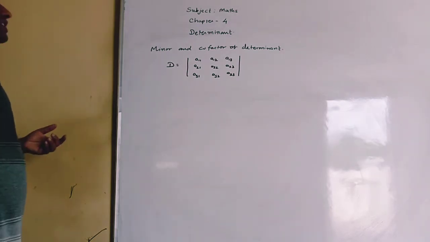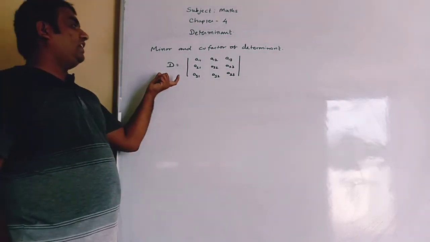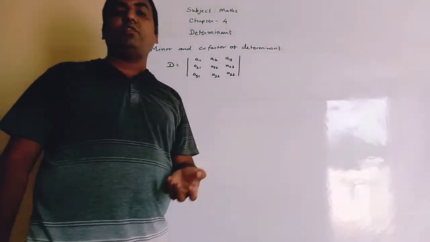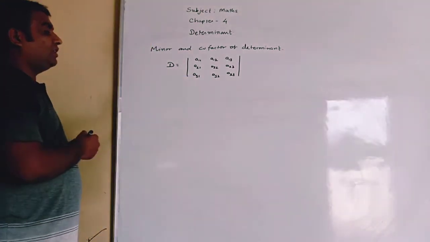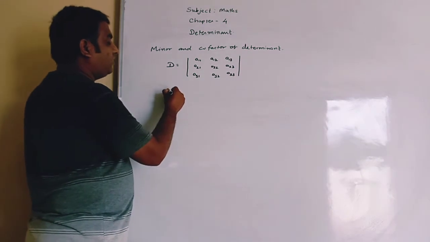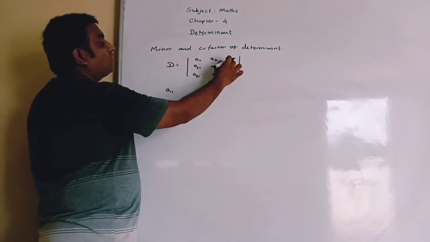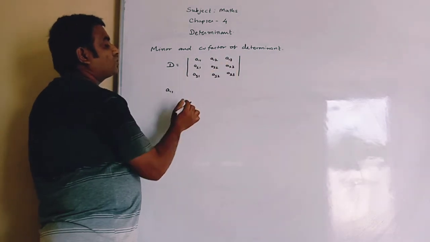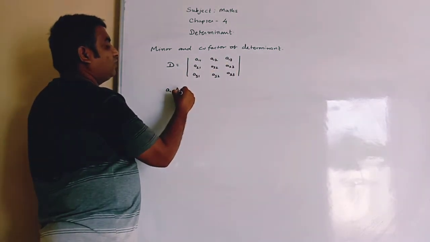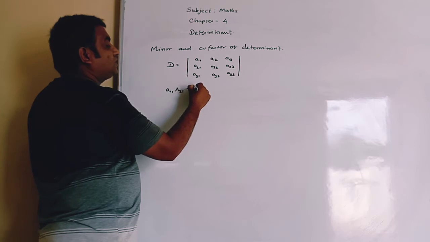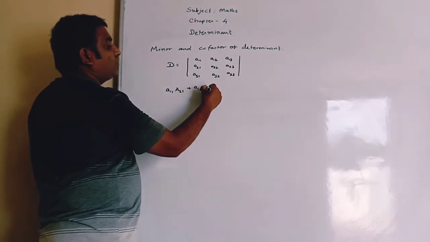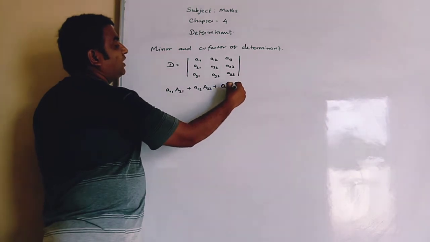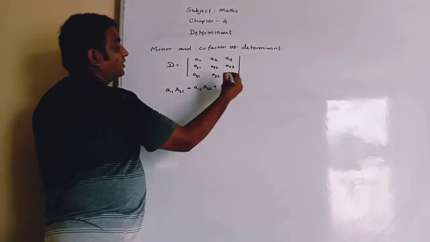Now let's see, if any row is multiplied by another row's cofactors, then what will be the value of the determinant? If we take the first row's elements multiplied by the second row's cofactors, that is a11 into A21 plus a12 into A22 plus a13 into A23.